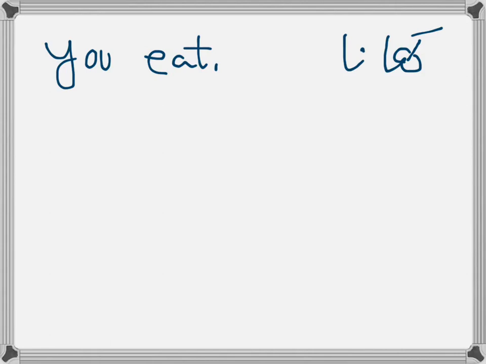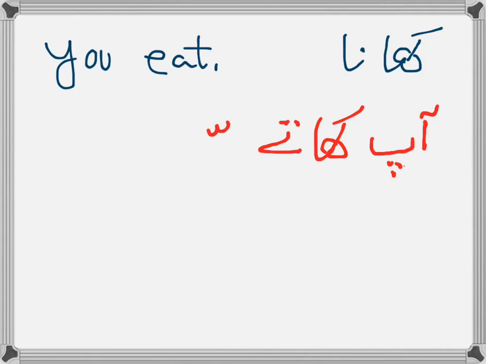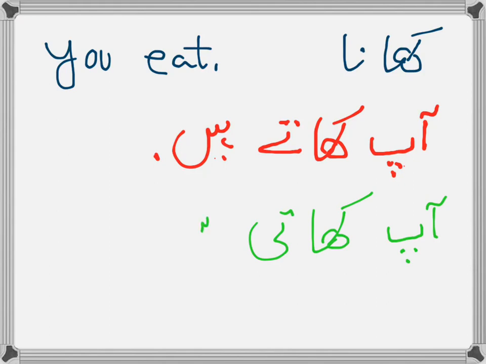One is if you are talking to an older person, then out of respect we will say आप खाते हैं for male and आप खाती हैं for female. So here we have just added ते and ती.